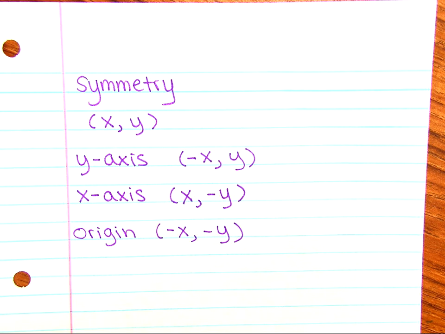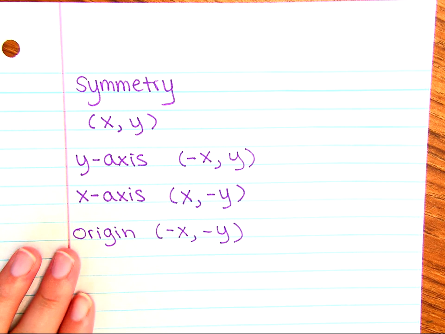So what I'm going to do is give you an example, and instead of solving it, I want you to try this at home. So test for the symmetry. Is this particular graph symmetrical about the x-axis, y-axis, or the origin? And I want you to come to class tomorrow with your solution.